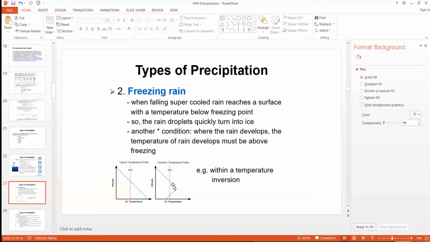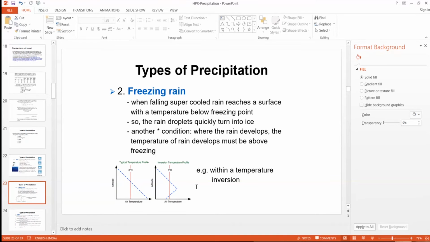The freezing rain and sleet generally are a result of this inverse temperature profile. What happens is these clouds form at around 3 kilometer height.